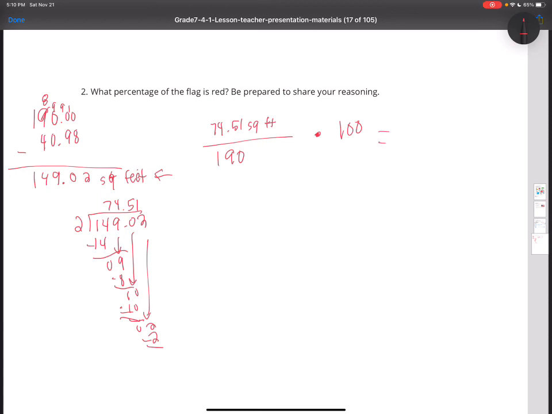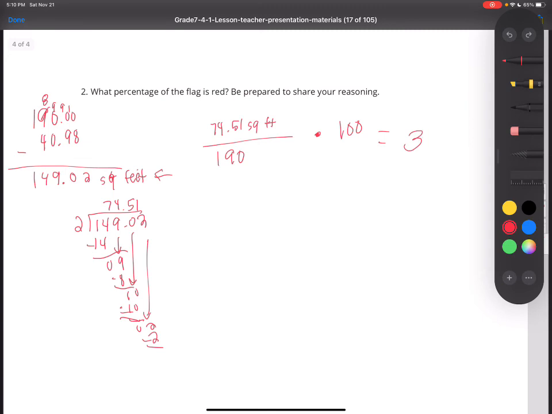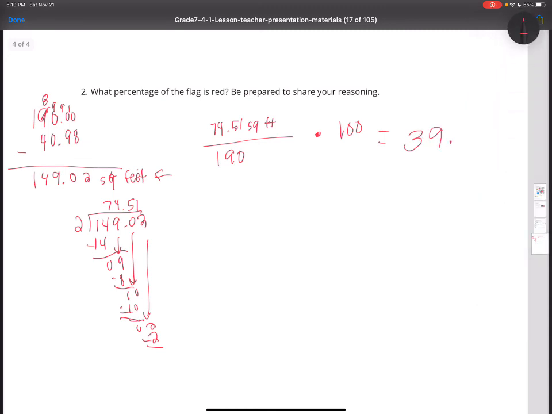And what I get is 39, and let me go back and rewrite that, 39 and 21 hundredths percent. If you want to round it, you can say about 39 and 2 tenths percent. Okay?